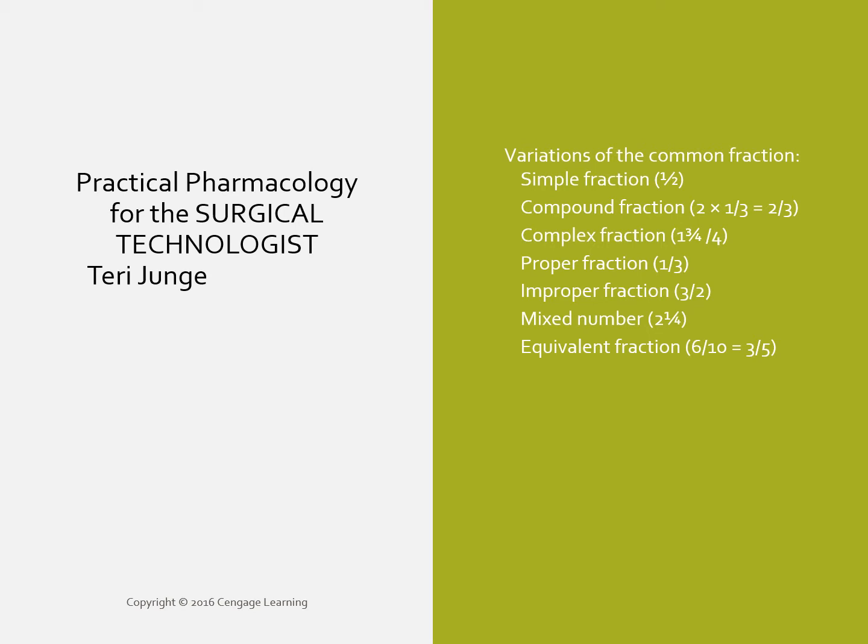For it to be considered a proper fraction, remember the numerator needs to be smaller than the denominator. So 1/3 would be proper, but 3/1 would be improper, or the example here is 3/2. And then we have those mixed numbers as well.